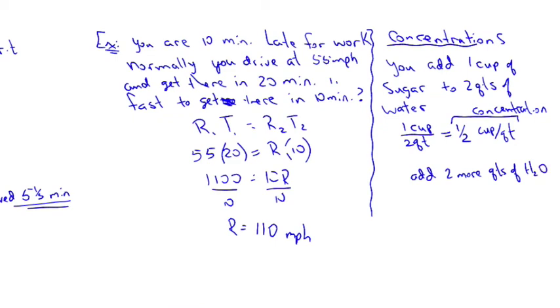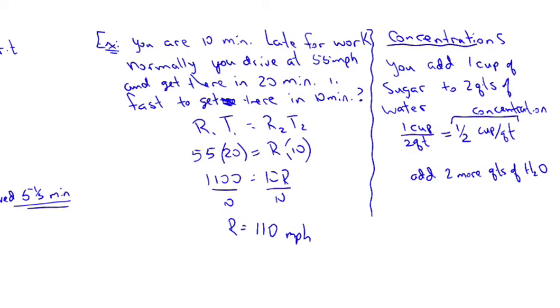What happens to the concentration? It decreases. I'm adding pure water to my sugar water. The concentration is going to decrease because the more liquid that's in there and the sugar is not changing, you're going to get less sugar per quart.